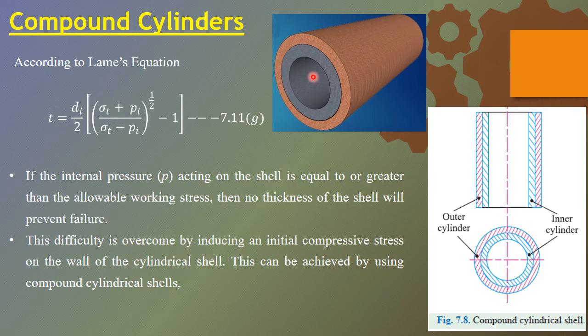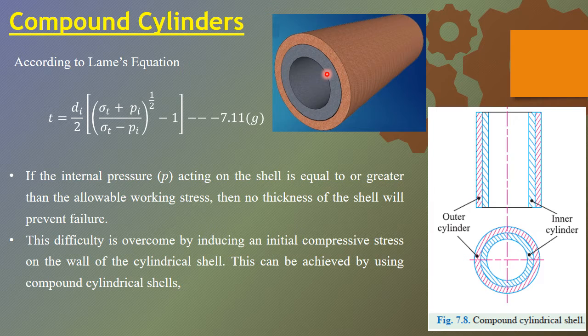You fill the cylinder with fluid at high pressure, so there will be some internal pressure. You know how the pressure acts, right? It acts against the walls. The internal pressure acts opposite to the direction of the compressive stresses acting in the inner cylinder.